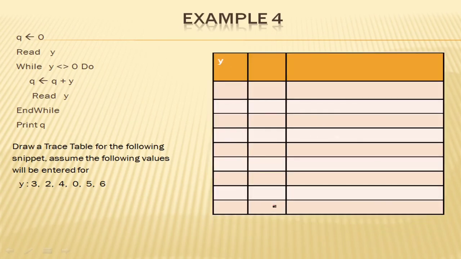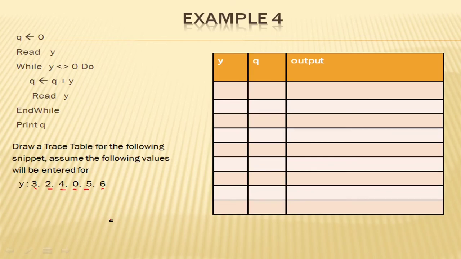Alright, so example 4, right? And example 4 is asking us to draw a trace table for the following snippet. Assume the values entered for y are 3, 2, 4, 0, 5, 6.